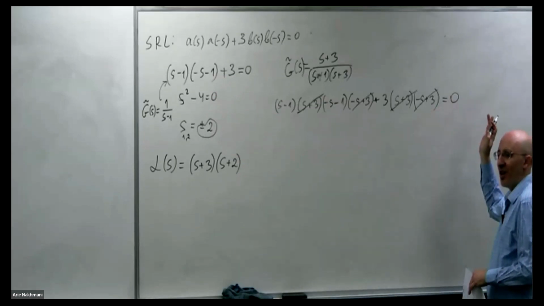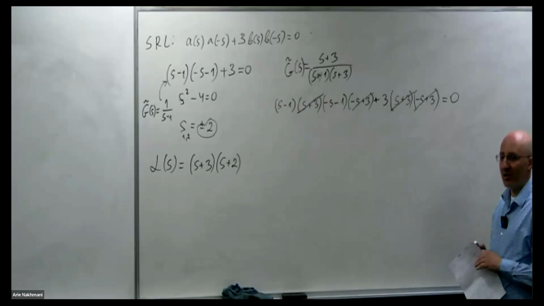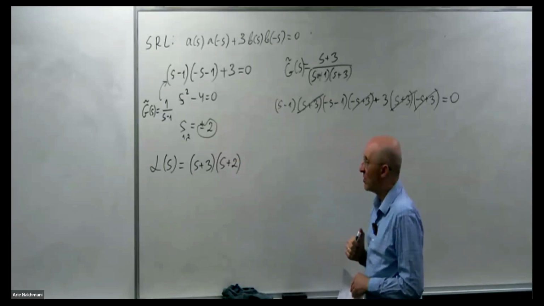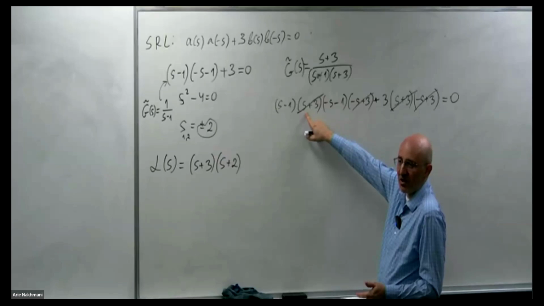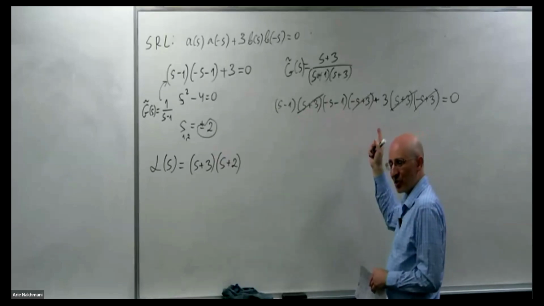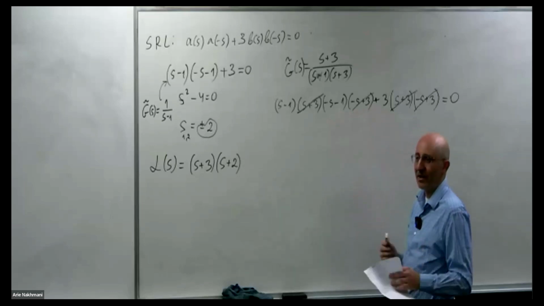Even if you write the entire complete equation, it still cancels out algebraically. You will get that equation with only one of the roots, but the second root will be s equals minus 3. It still solves that equation, s equals minus 3. It just cancels automatically.